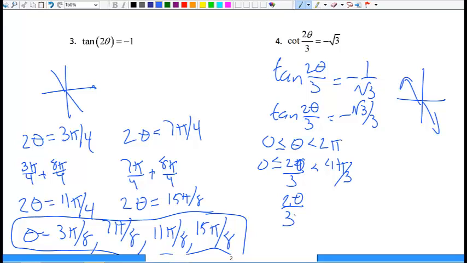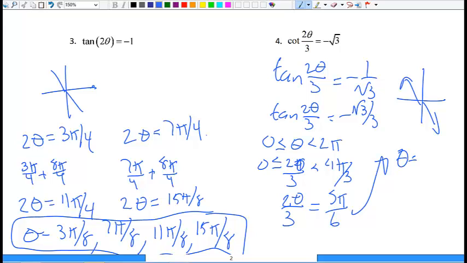Okay, so 2/3 theta is going to equal, well, what angle in the second quadrant has a tangent value of negative square root 3 over 3, or cotangent value of negative square root of 3, and that would be 5 pi sixths. Okay, so I'm still trying to solve for theta.